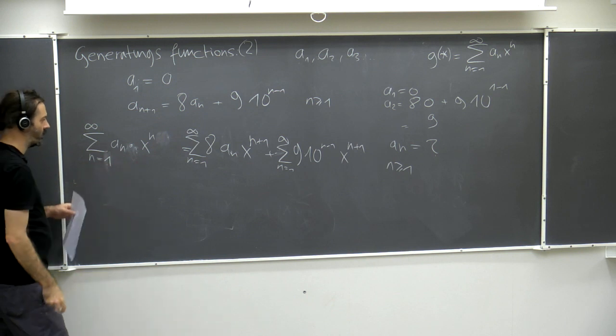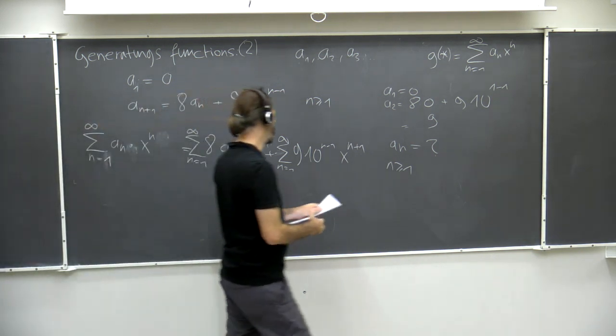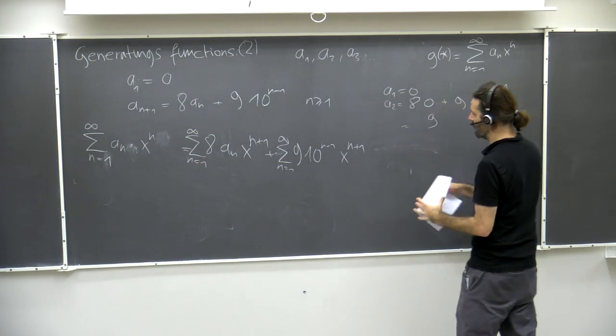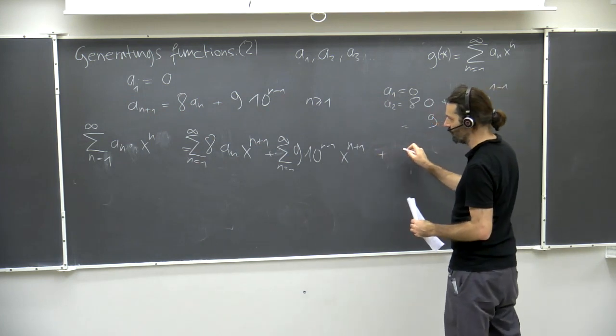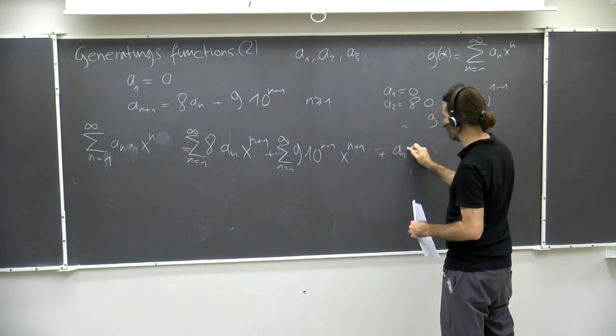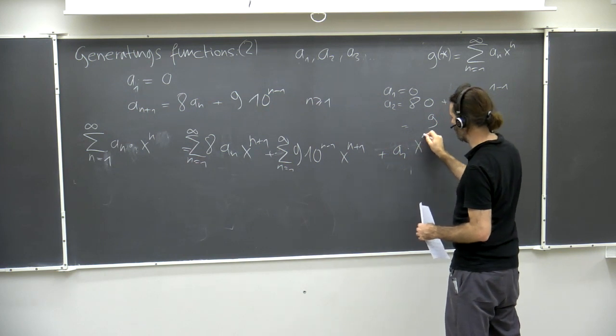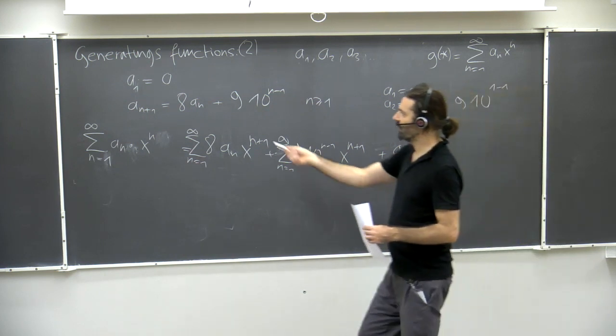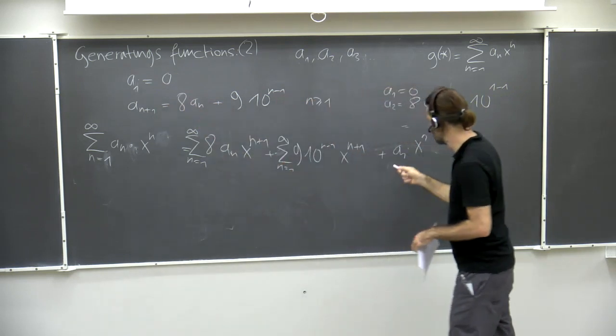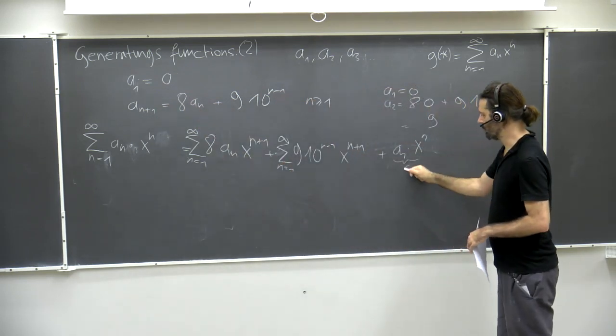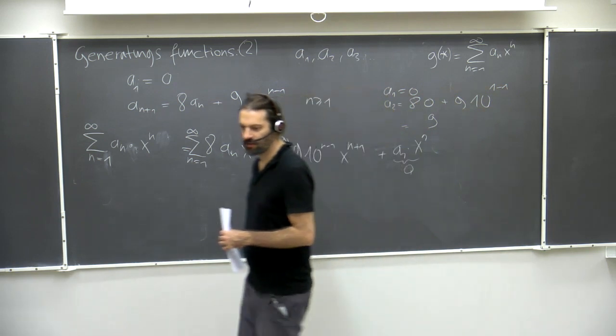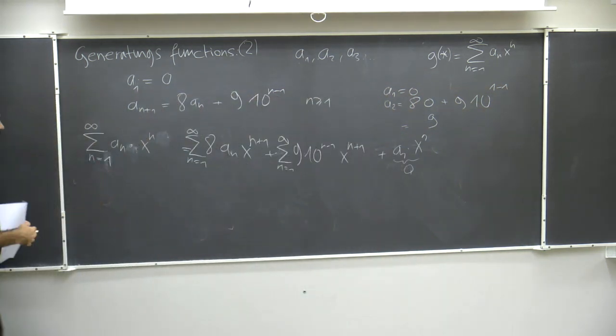But then we get one element more. So for the equation to still hold, we have to add that element which we add into the sum, and that was a1 times x to the power 1. Luckily, a1 is 0. So this thing we have to add is in fact 0, and nothing truly happens. Okay.